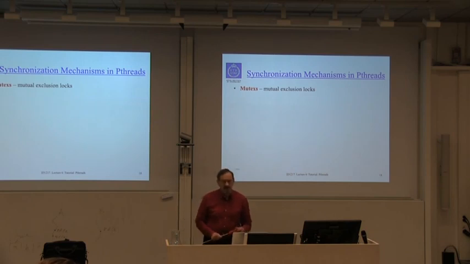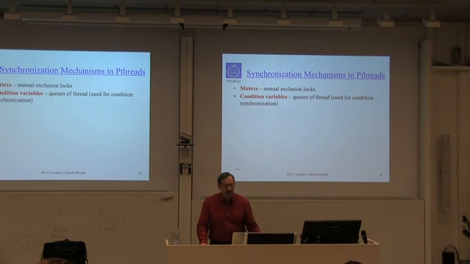The synchronization mechanism in pthreads comes in the form of locks and condition variables. First we have the mutual exclusion lock, which is called a mutex in terms of pthreads, and condition variables, which are opaque objects that represent a queue of processes suspended to be notified. They are waiting for some condition to become true, and when the condition becomes true, someone notifies them, and they wake and might check the condition again.